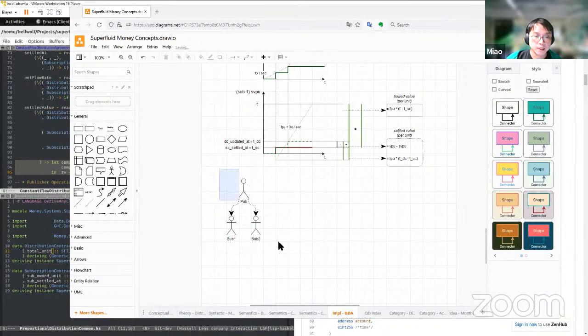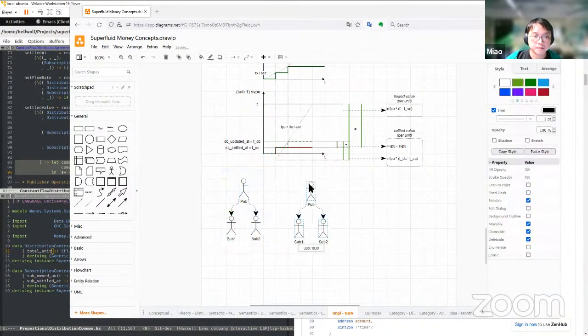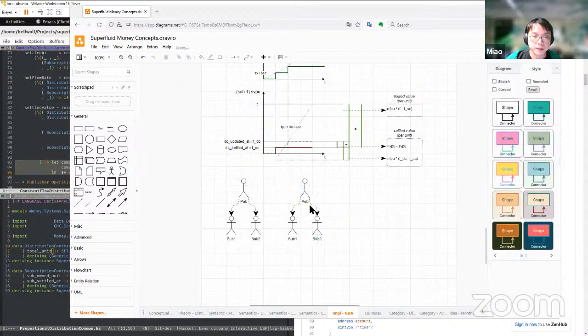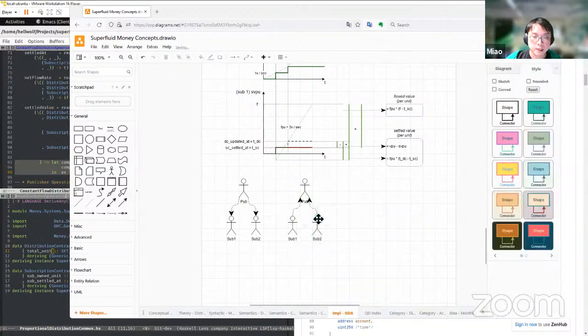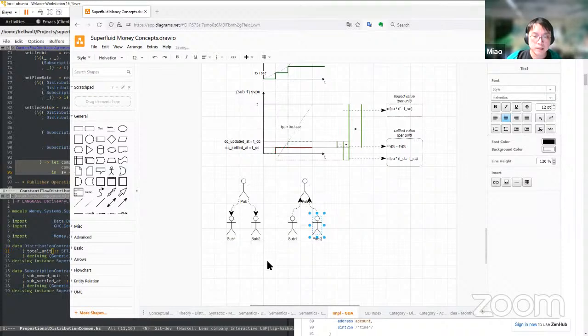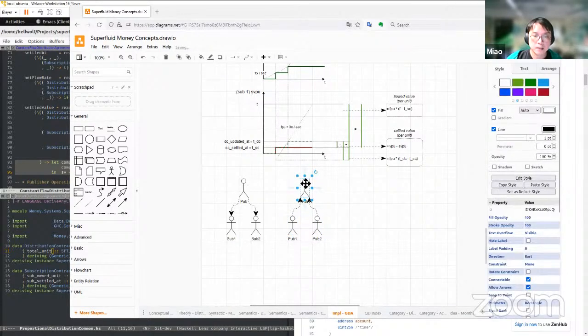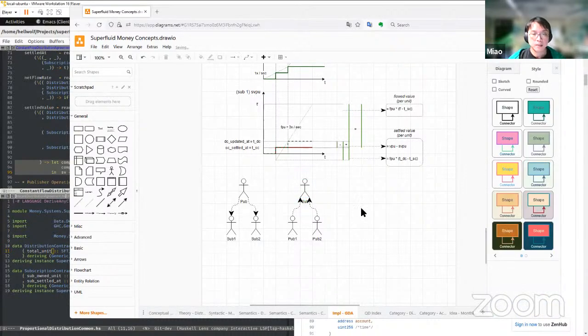Okay, now we inverse it, inverse the arrow. Now we have 2 pubs with 1 subscriber. Okay, so now we have 2 base cases.